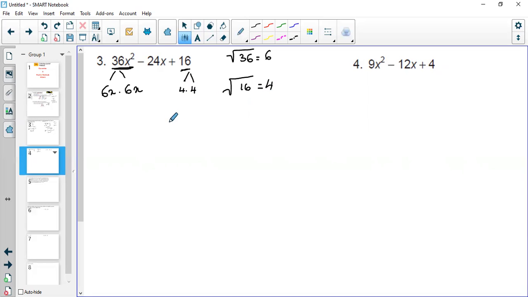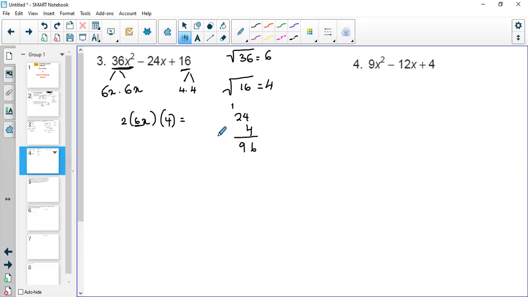4 multiplied by 4. Now, do not write the factorization unless you confirm whether the terms multiplied by 2 would give you a 24x. Always multiply them by 2 and check. So 2 multiplied by 6 is going to be 12x. 12x multiplied by 4 is going to give you 48x, not 24x.